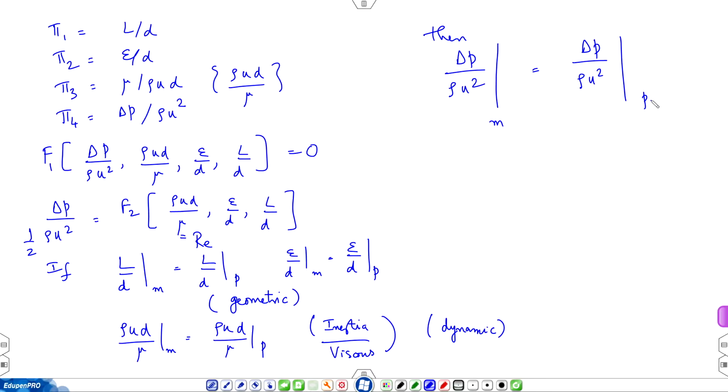So, if delta p over rho u square is going to have linearity with respect to L over D, then you can take it out times F3 and write it in this form. So, it is delta p over half rho u square is proportional to L over D. If all other quantities are constant, then it is proportional to L over D. So, you can take it to the left.